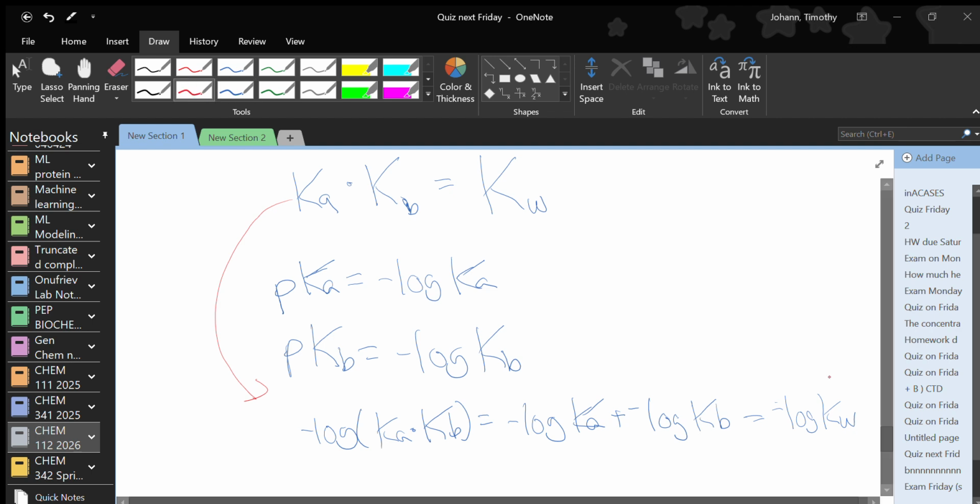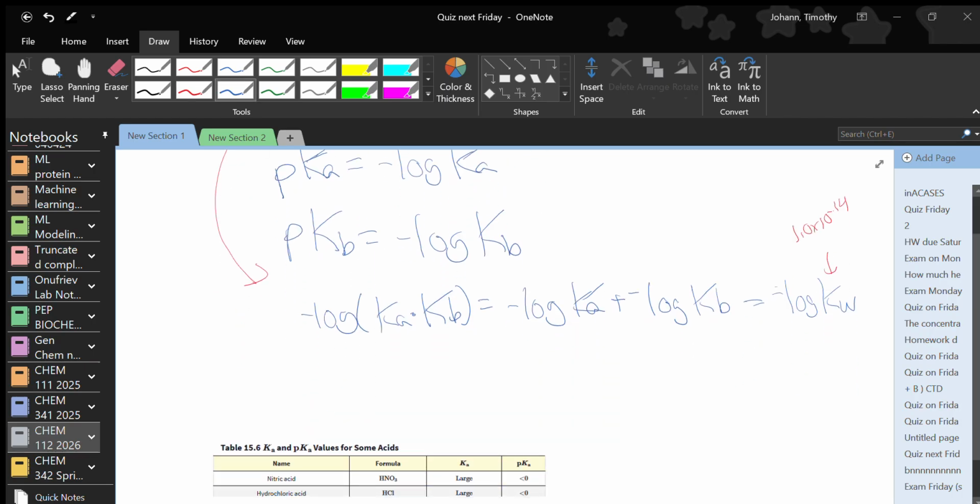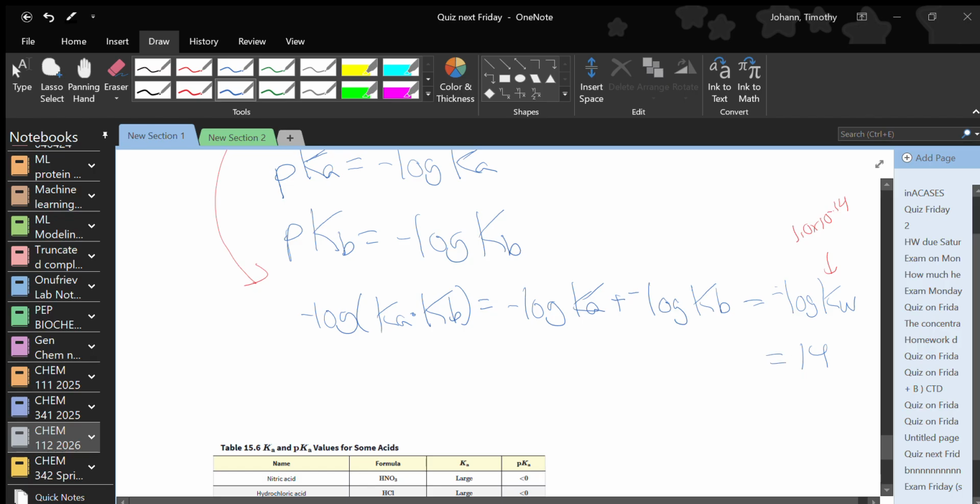Okay. Remember, Kw is a constant, special for water, 1 times 10 to the negative 14th. If you put that into your calculator, the negative log of 1 times 10 to the negative 14th is 14, right? You can trust me, or you can put it into your calculator on that one. And then the negative log of Kb is pKb.